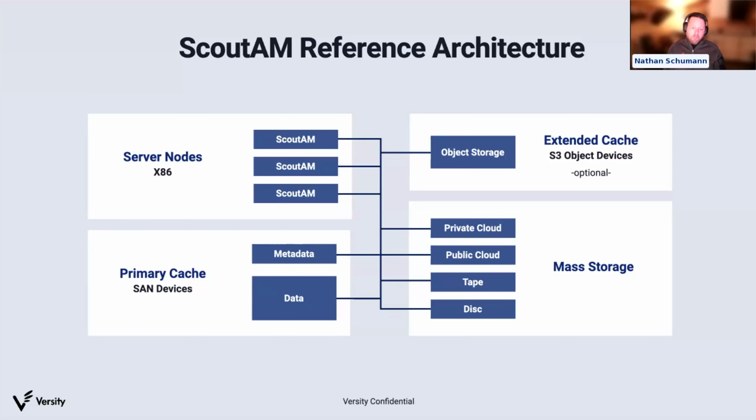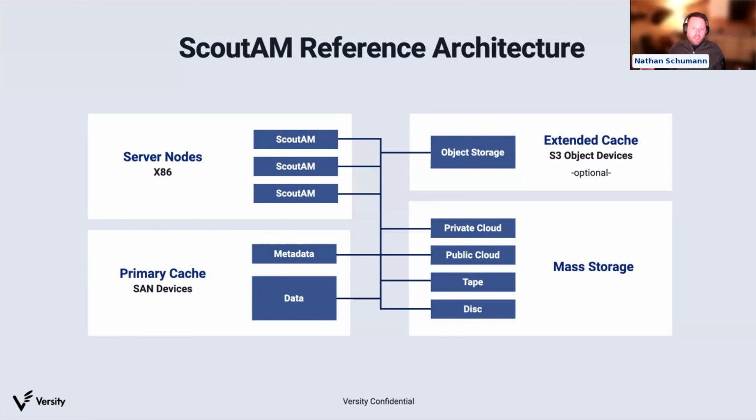So I talk about mass storage because almost all customers are going to have at least one mass storage target, and this is where we're making persistent copies of data. And again, we can support all manner of different media as part of mass storage, whether that be on-premise tape, multiple tape libraries, multiple different tape generations within the same library, all of which can be handled by ScoutAM.